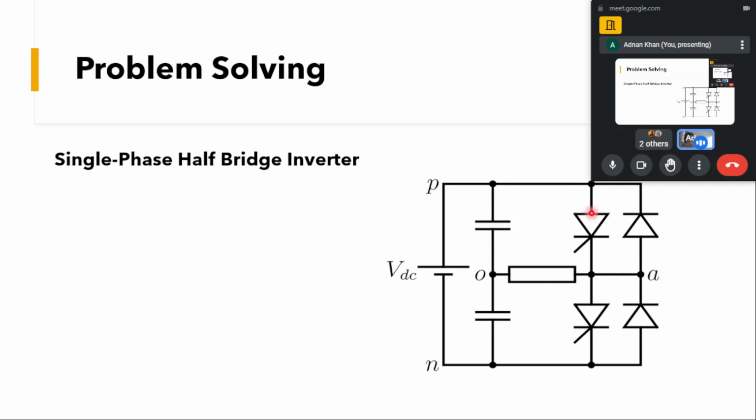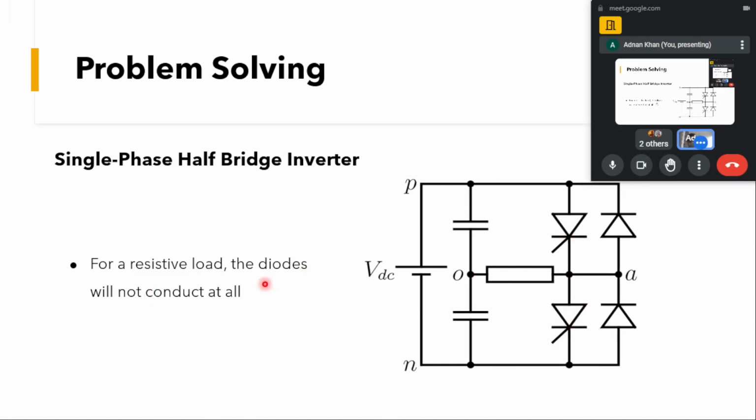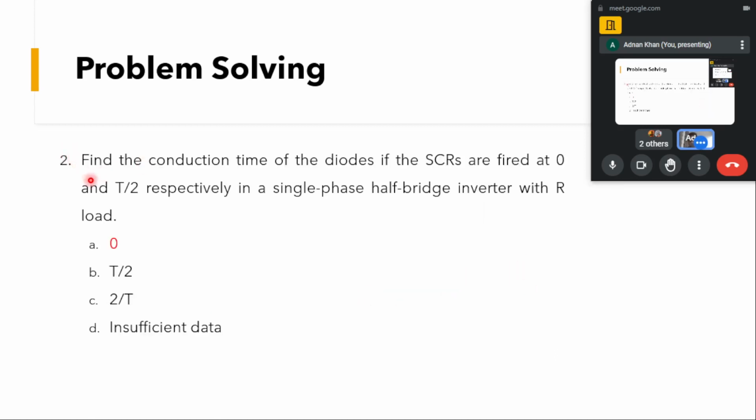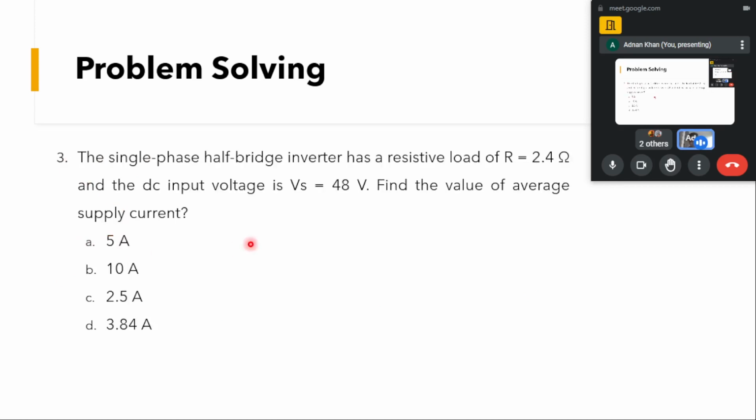The whole current in the positive half is conducted by the top SCR, and during the negative half it is conducted by the bottom SCR. So we can conclude that for this resistive load, no diodes will conduct. The answer to this question is A, for zero time.